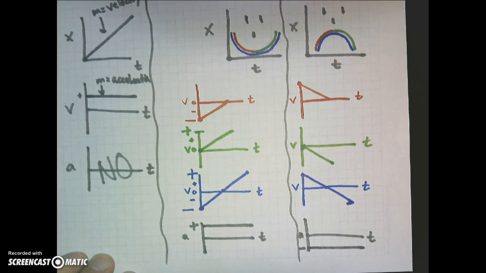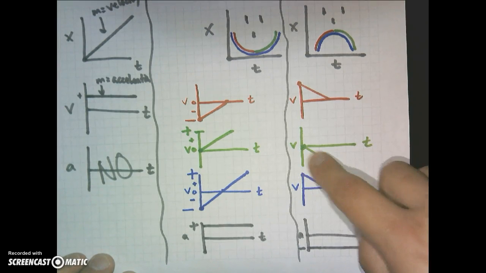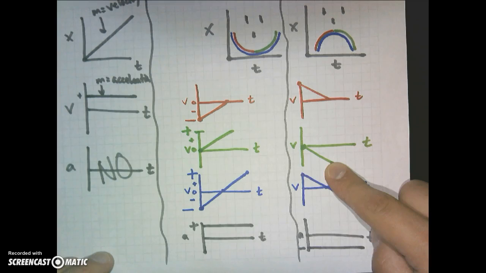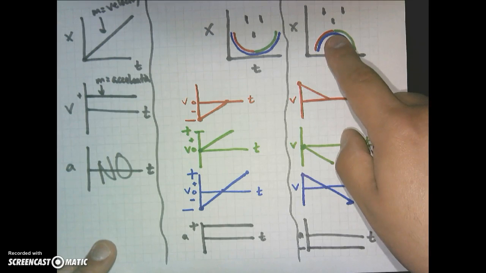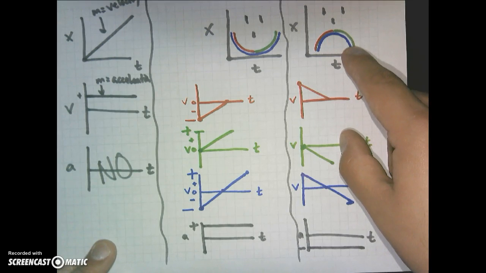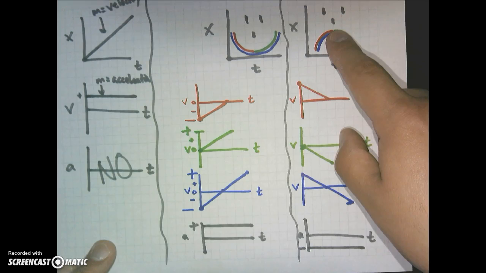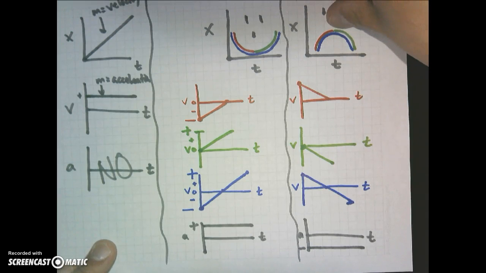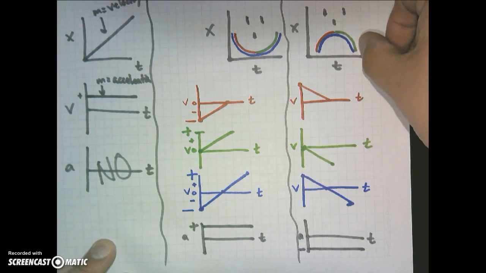0. The slope of the position versus time graph would have to start at 0. And then if the value gets more negative, then the slope on your position versus time graph would also have to get more negative. So it's going to look like this. That green half starts with a slope of 0 up here, and then gradually becomes more and more negative with the slope.